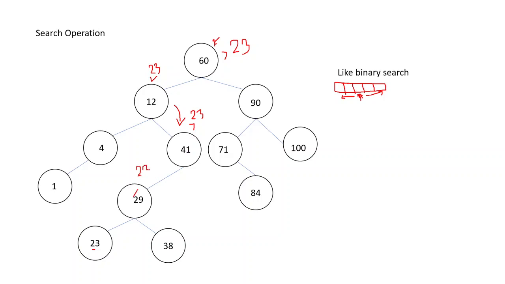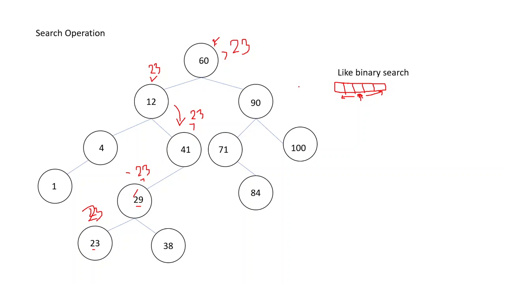Now you know that since 23 is again less than 29, you will have to track the left child of this particular node containing 29, and that left child is 23, and you return this value. So the interesting part is the time.